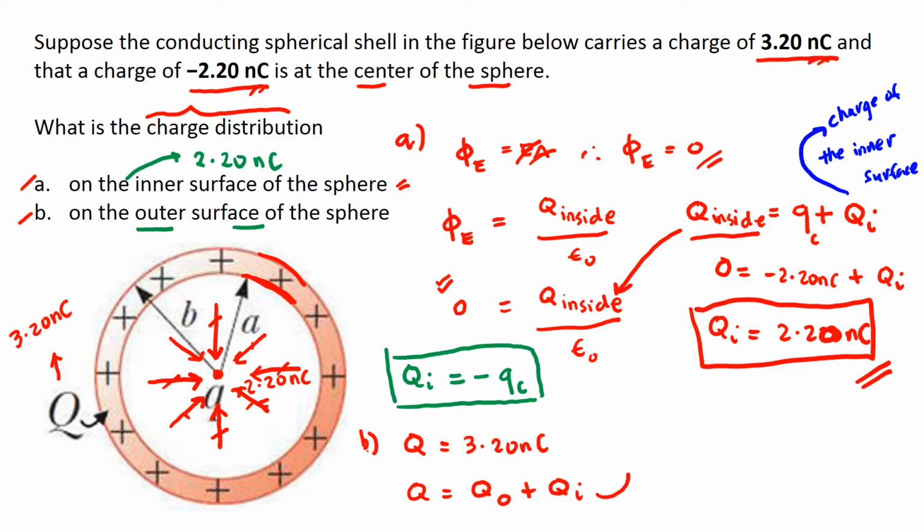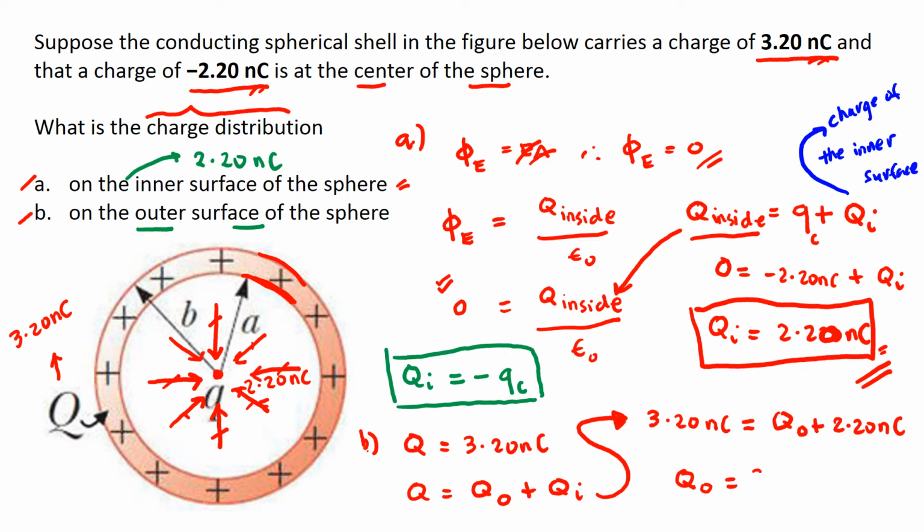So using that analysis, our overall charge, which is 3.20 nanocoulomb, is equal to the charge of the outer surface plus the charge of the inner surface, which we have solved to be 2.20 nanocoulomb. Then we could manipulate this equation to come up with the charge of the outer surface.